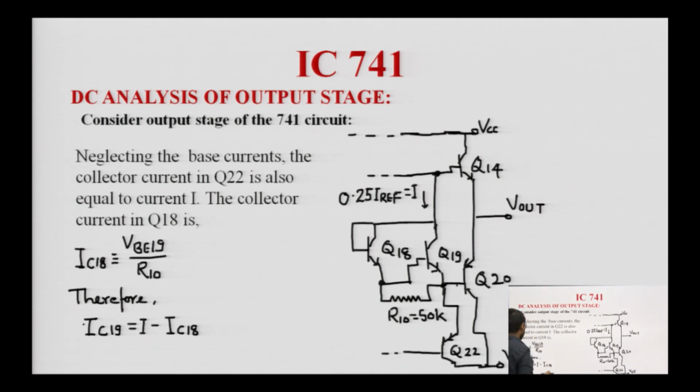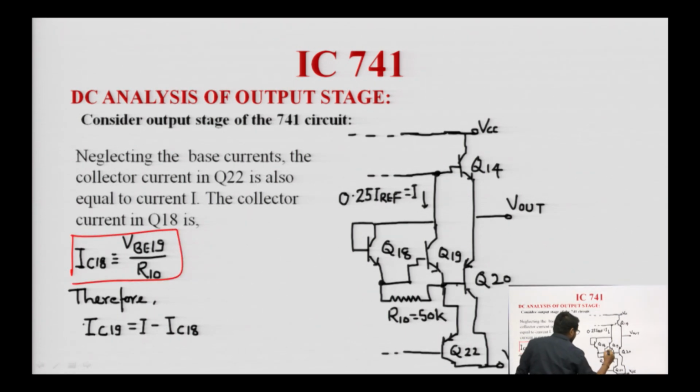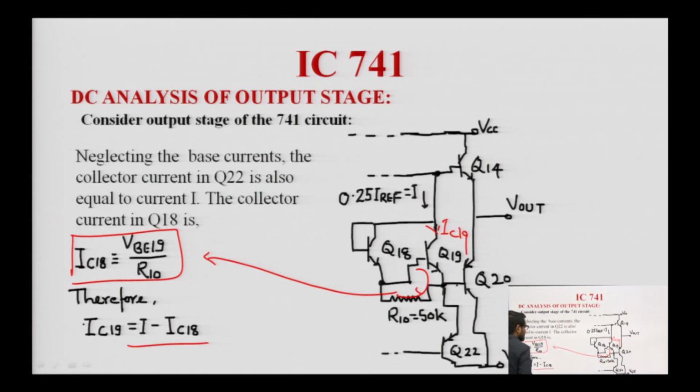Consider the output stage. If you calculate the IC18, this is the formula, we apply the KVL loop here, and we get this. Okay. If we get the collector current of the Q18 transistor, then we easily find the collector current of the Q19 transistor. IC19 is I minus IC18. Okay.